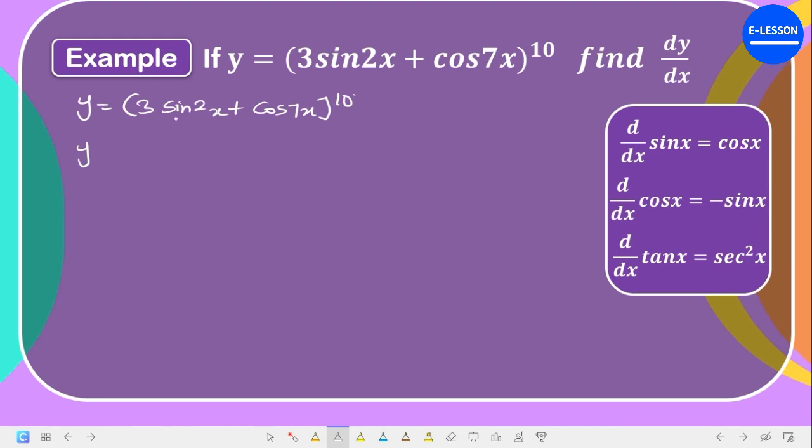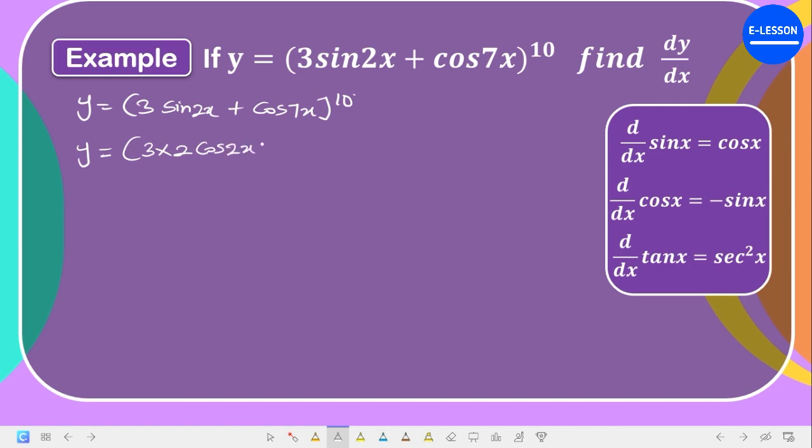then subtract 1 from the power. Differentiating everything in the bracket, if you differentiate 3 sine 2x, what is it going to give you? Okay, this is not square x, this is sine 2x. Now 3 sine 2x will give us 3 times differentiate 2x, it will give you 2, differentiate sine it will give you cos.